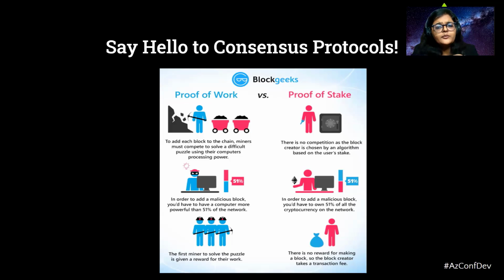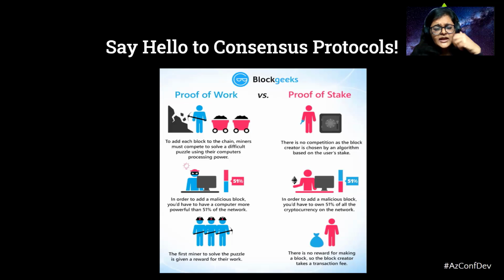Now, the problem with proof of work is that there is a lot of computational power that is being utilized just for solving this puzzle. And because of this, in the ecosystem, there is a negativity towards the whole concept of blockchain. Why?